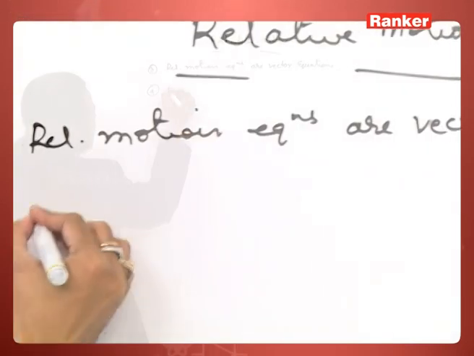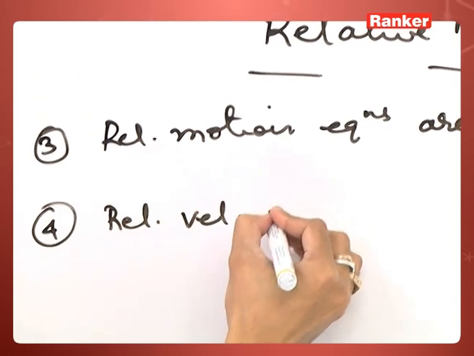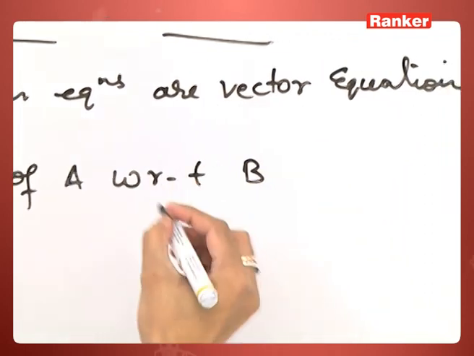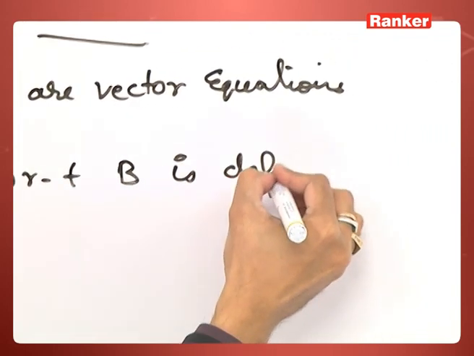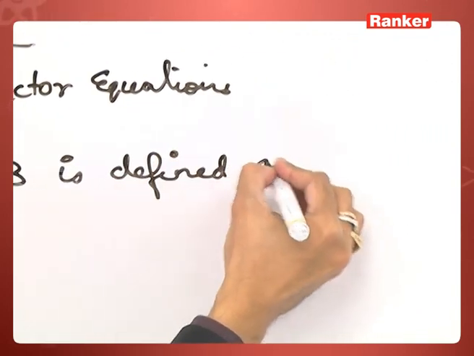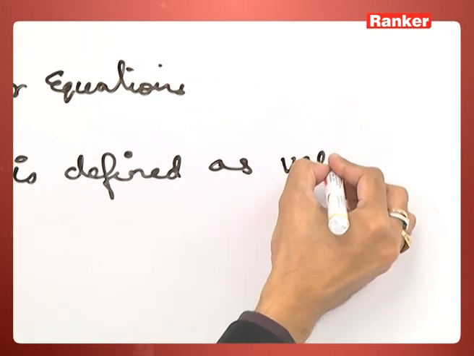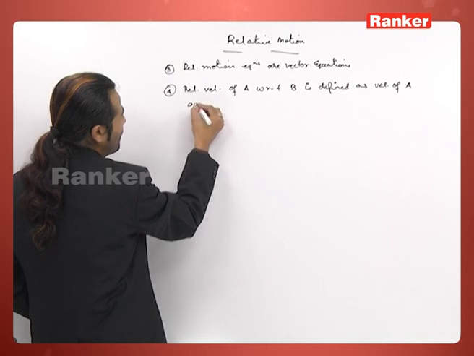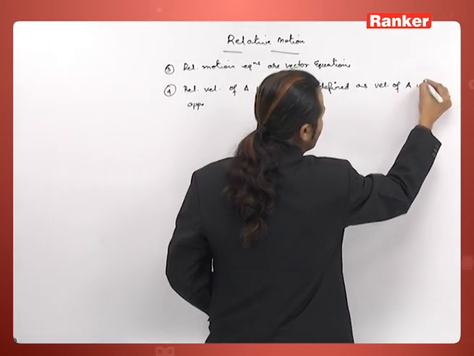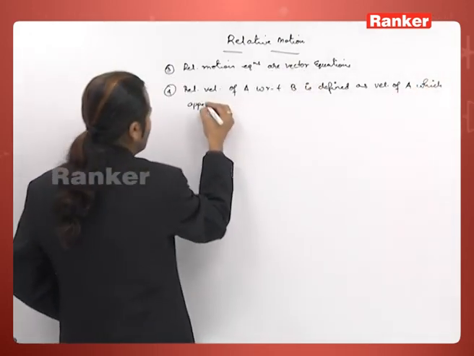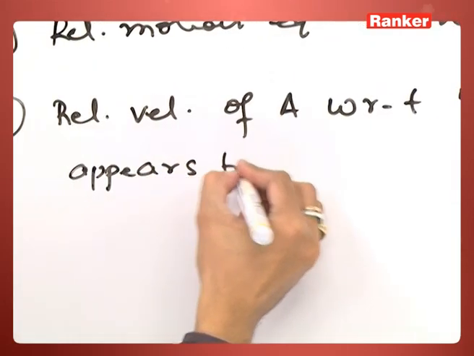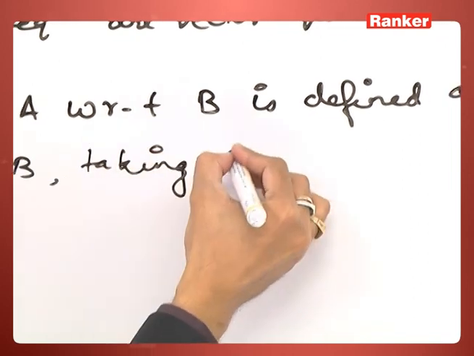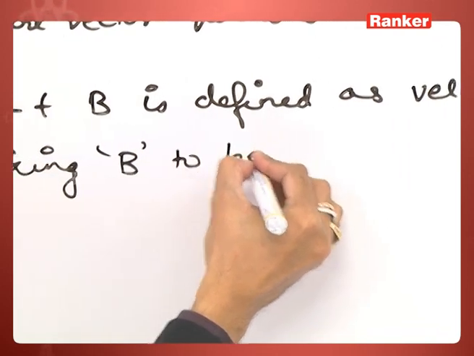Number 3, relative velocity of A with respect to B is defined as the velocity of A which appears, taking B to be at rest.